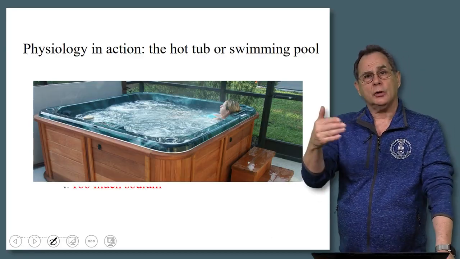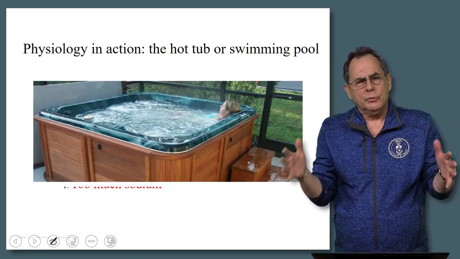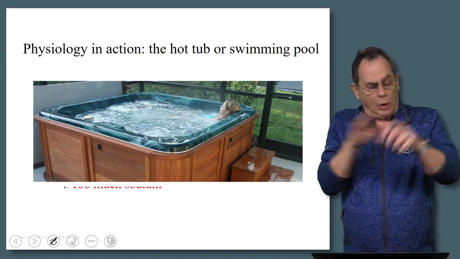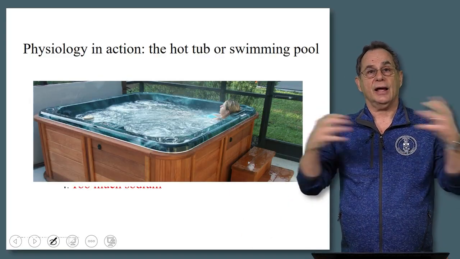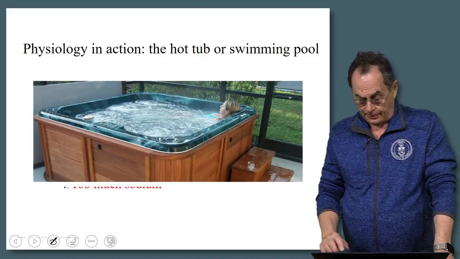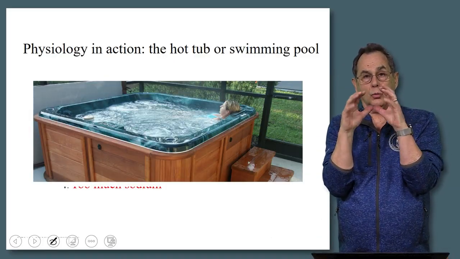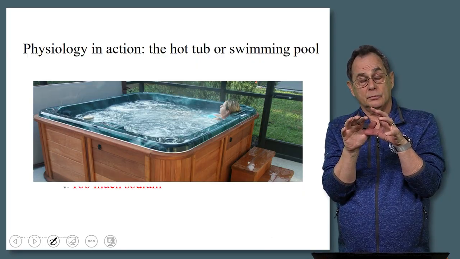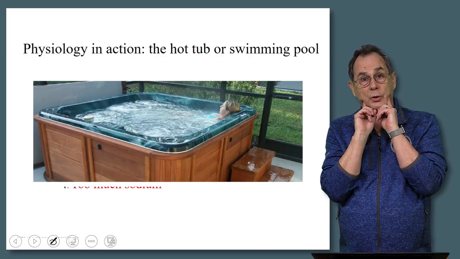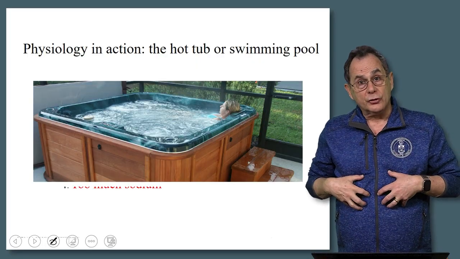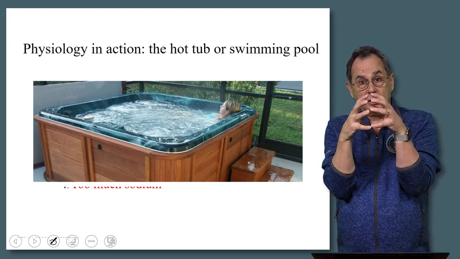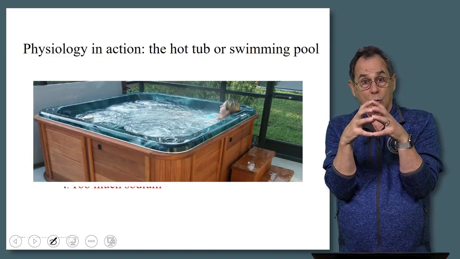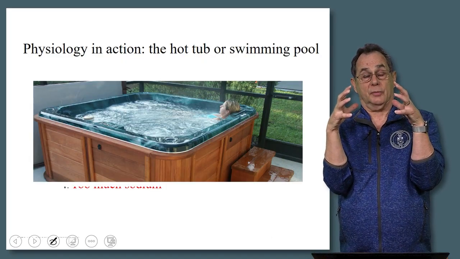And so if you and I were to sit in a hot tub, we would translocate about 1 liter of fluid, maybe a little bit more, from our interstitial space into our vascular compartment. And therefore, those baroreceptors sitting in the arch of the aorta, the carotid bodies, or the afferent arterioles in the kidney will suddenly, instead of decompressing them, so to speak, suddenly increase in volume and pressure.